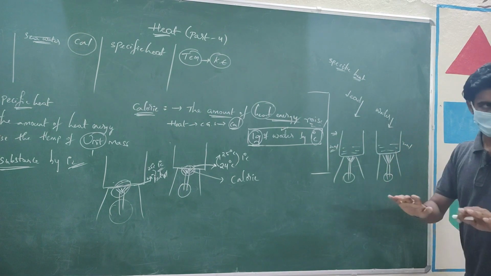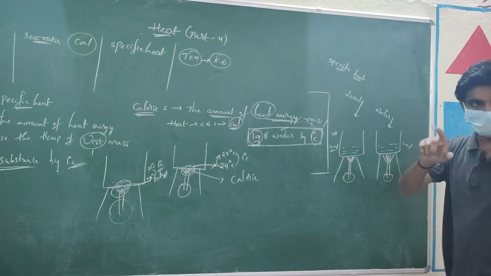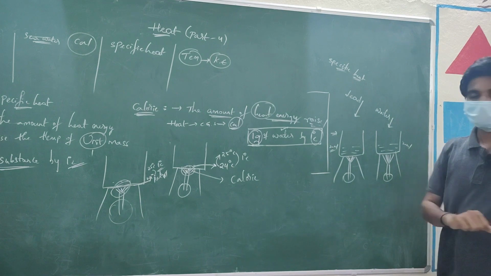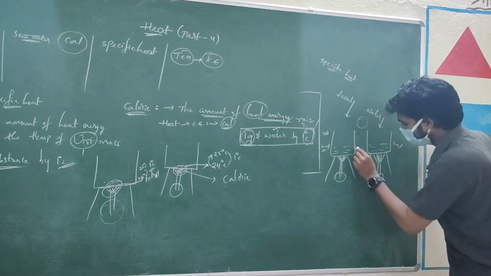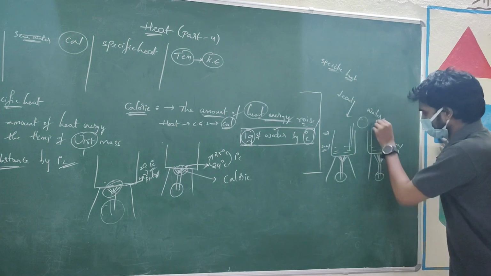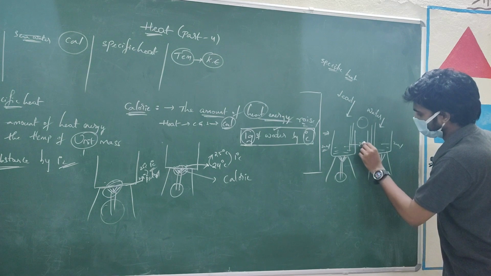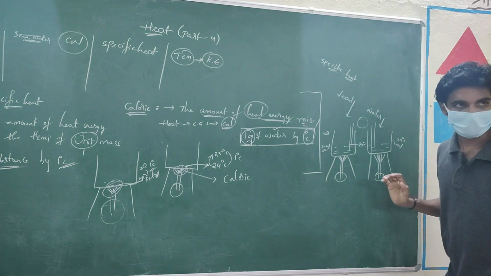Both the masses were the same, and we are giving the same heat energy. Just put a stopwatch here. Let's put thermometers inside. Now the initial temperature for both is 24 degrees centigrade.